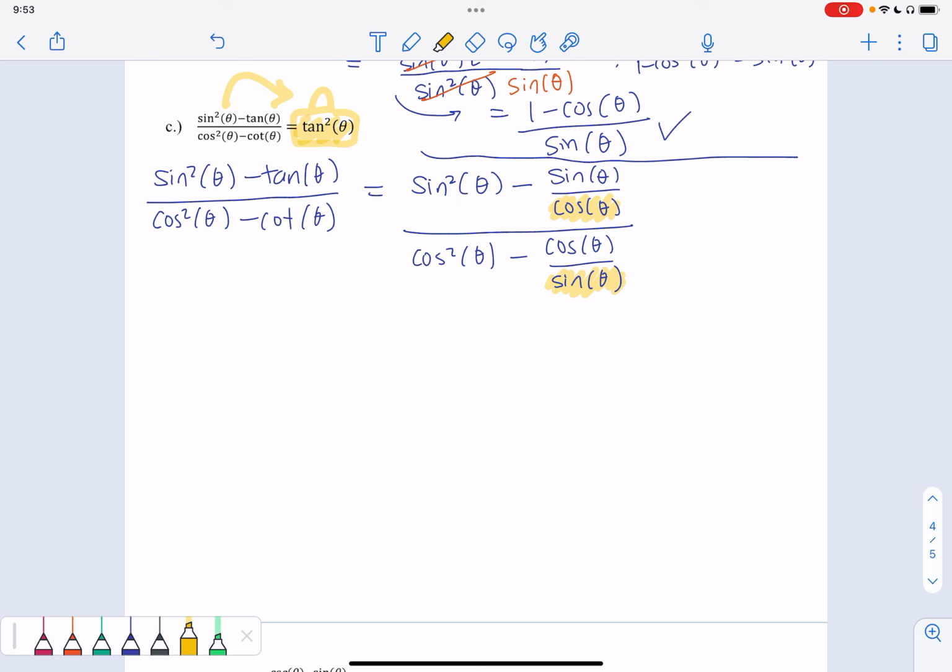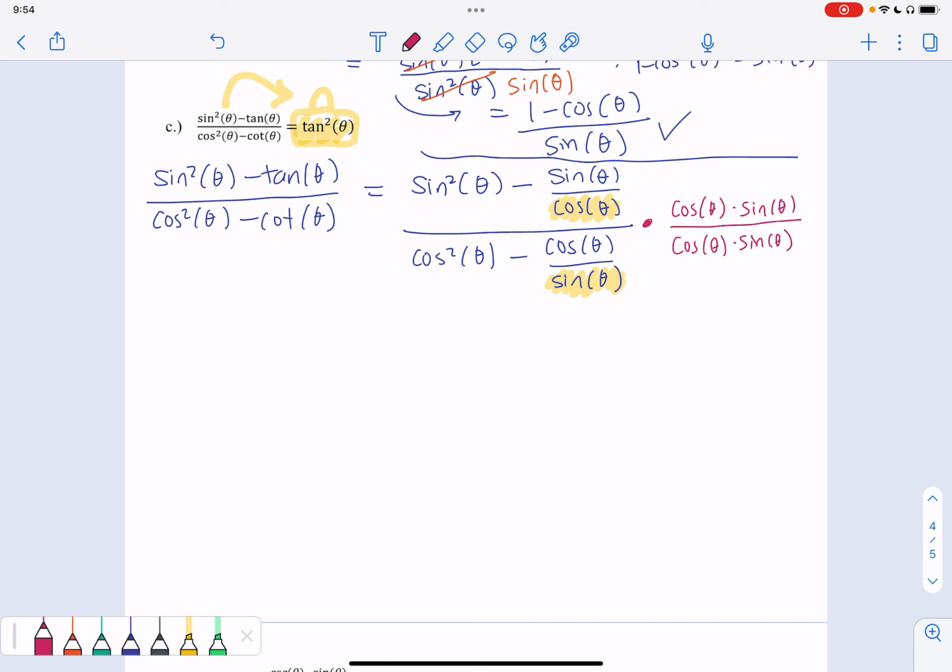I can only get rid of those if those factors are part of a fancy one that I can build. So I'm going to build a little one to get rid of those. The numerator and denominator are going to be constructed the same. Both need to have cosine theta and sine theta as factors. So I'm going to have cosine theta times sine of theta over cosine of theta times sine of theta.